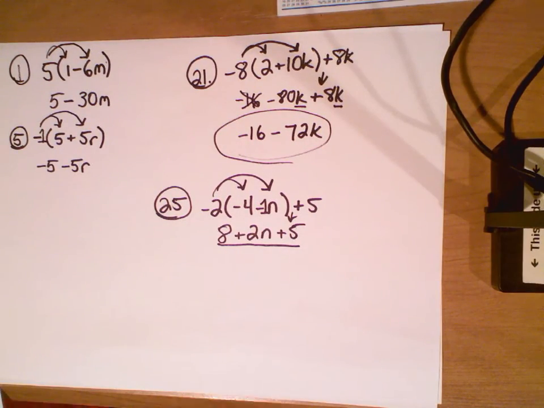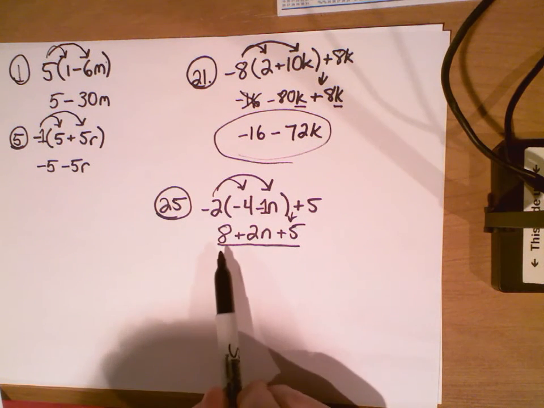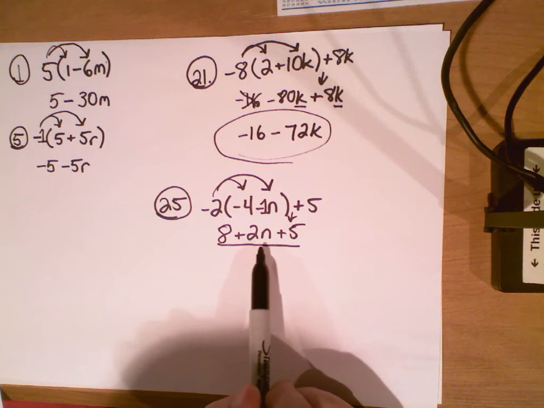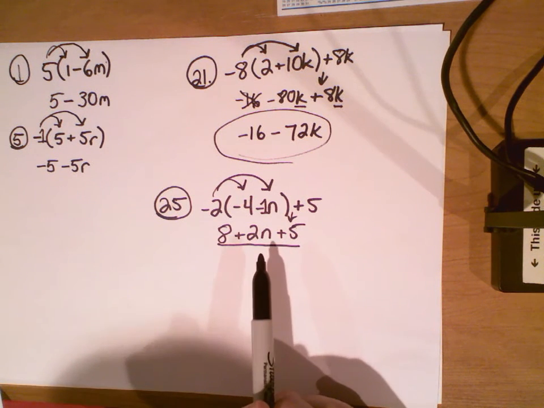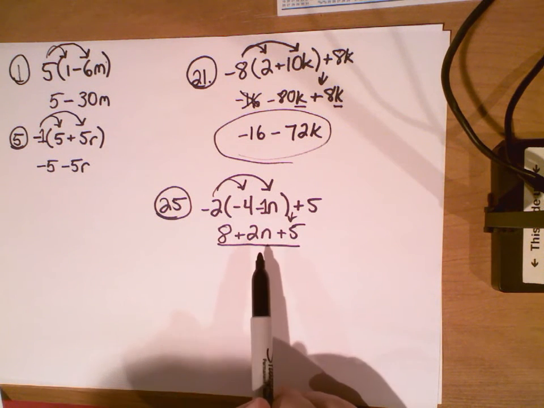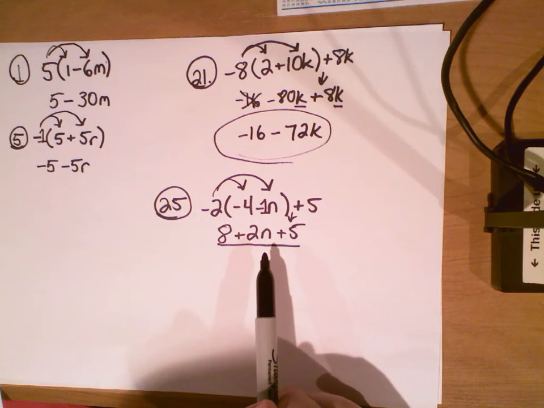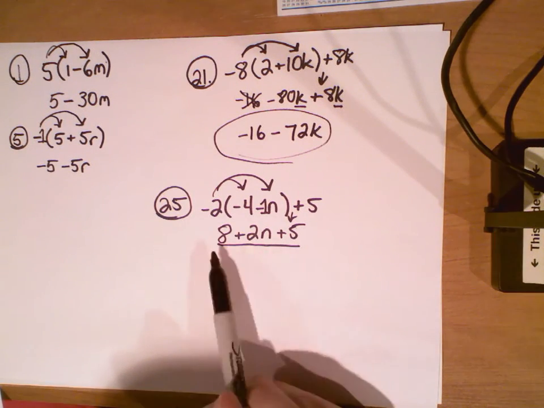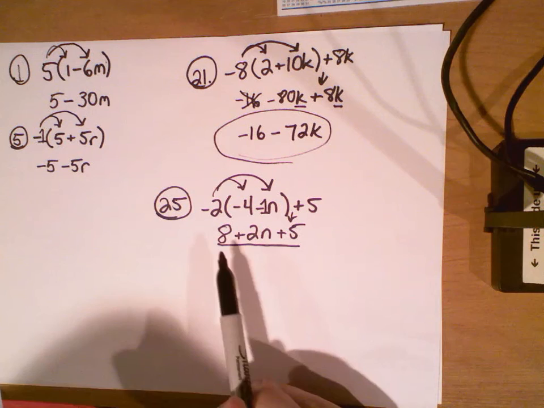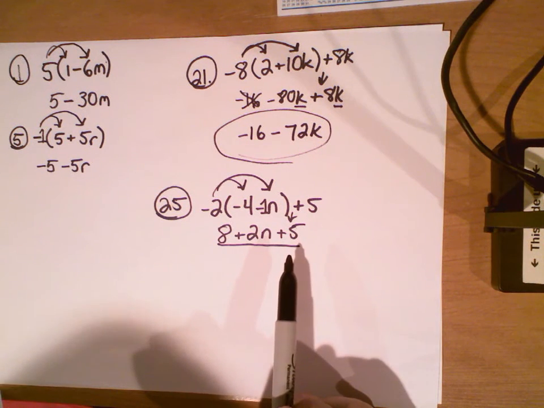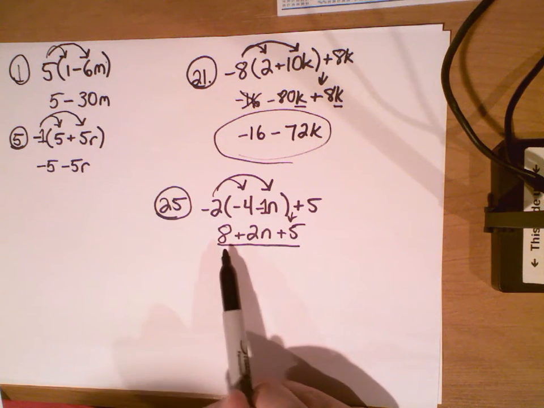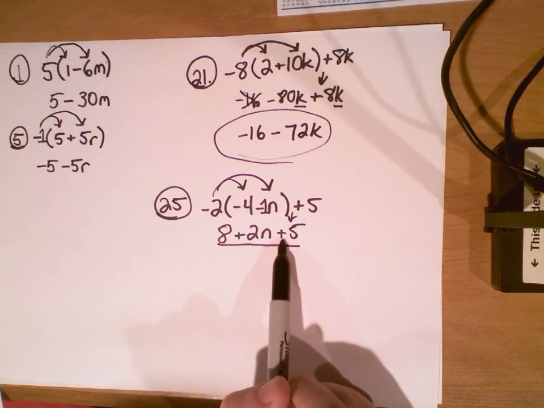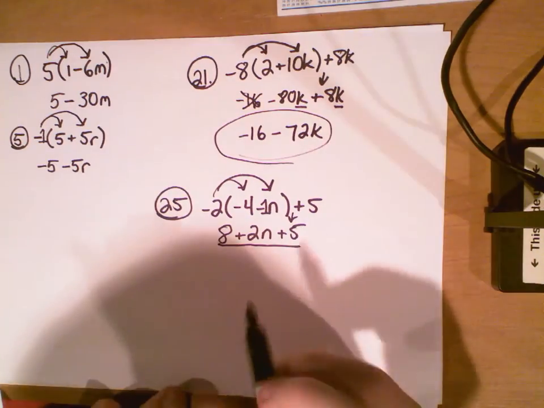Now, what two numbers are alike? Do any of these numbers have an n after them? I really hope you say no, because they don't, okay? So that means we could combine these two numbers and we can get our final answer. So that means 8 plus 5, you keep the sign, and I like to write it like this.